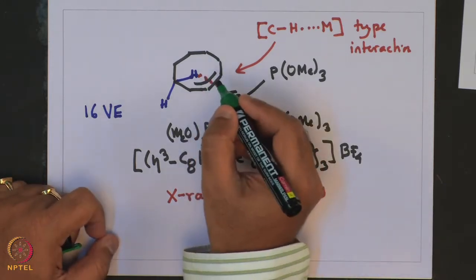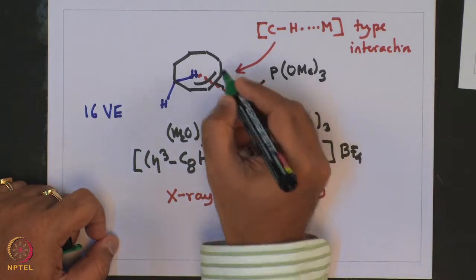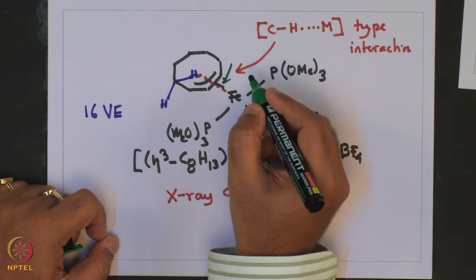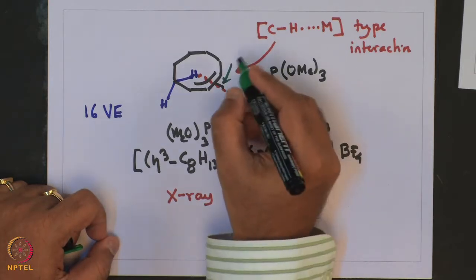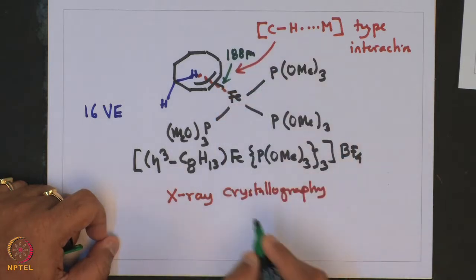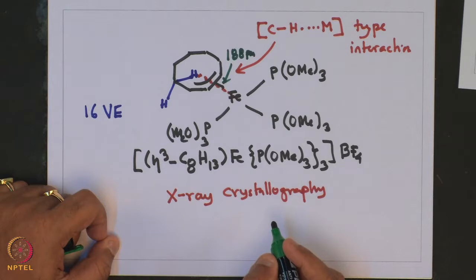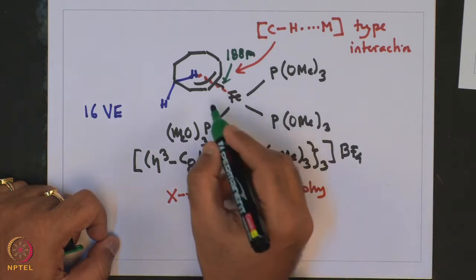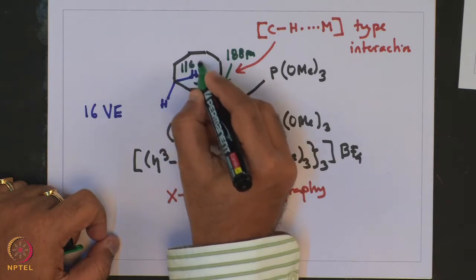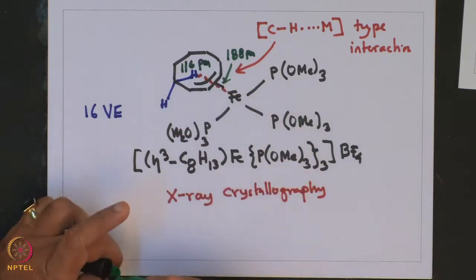This distance, which is hydrogen to iron, is about 188 picometer, and this carbon to hydrogen is about 116 picometer.